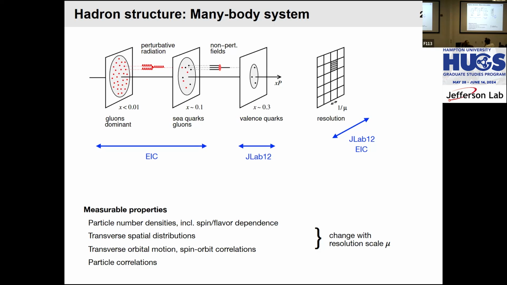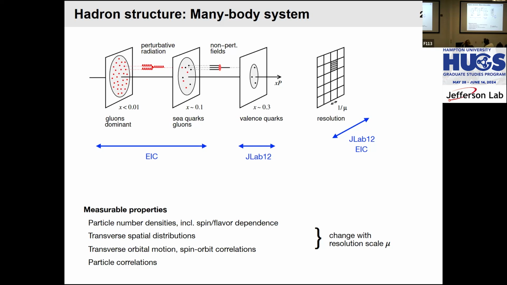With the EIC, we open up the region where both sea quarks and gluons sit around x of 0.1, which are mainly due to non-perturbative interactions in the system, and also the vast region of x below 10^-2, where we have large numbers of gluons that are mostly due to radiation processes. So you can see that these two facilities are very complementary.